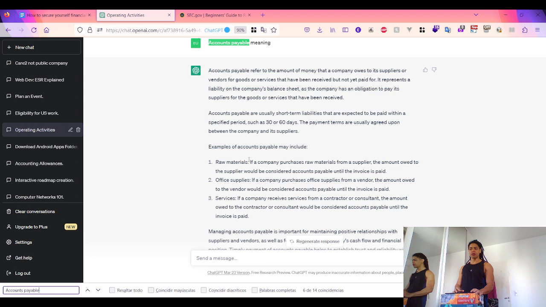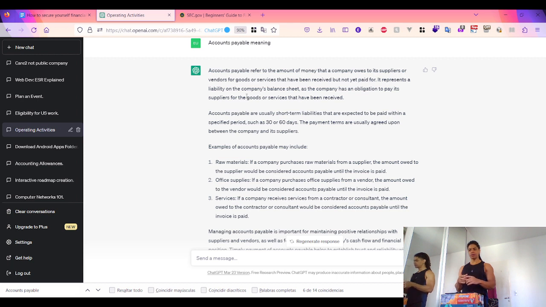It refers to the amount of money that a company owes to either suppliers or vendors for goods and service that have been received but not yet paid. So that's accounts payable.